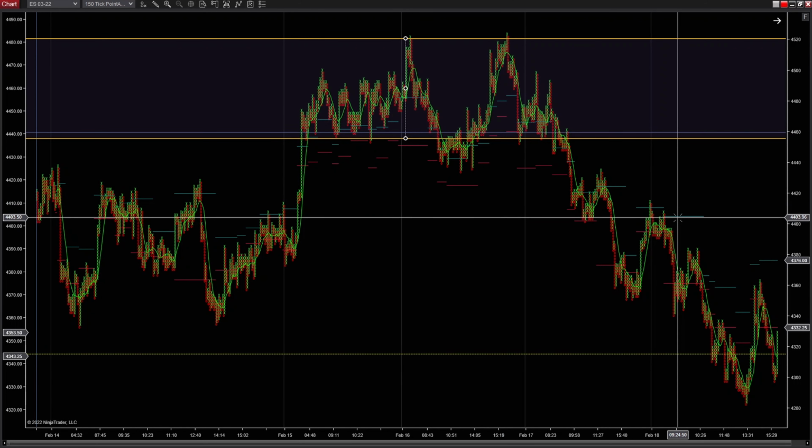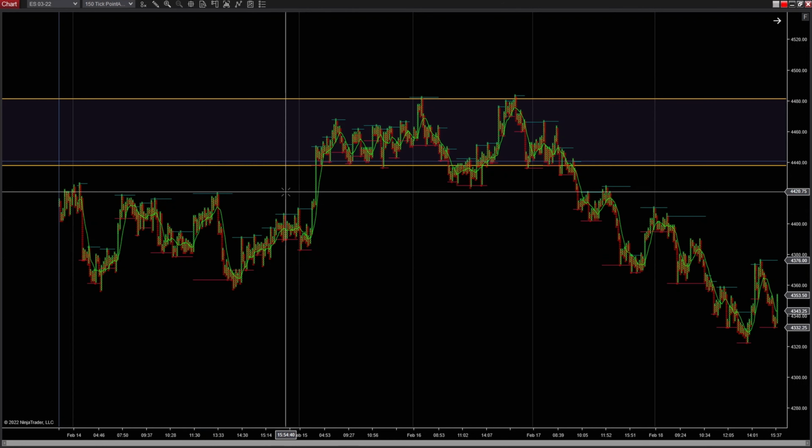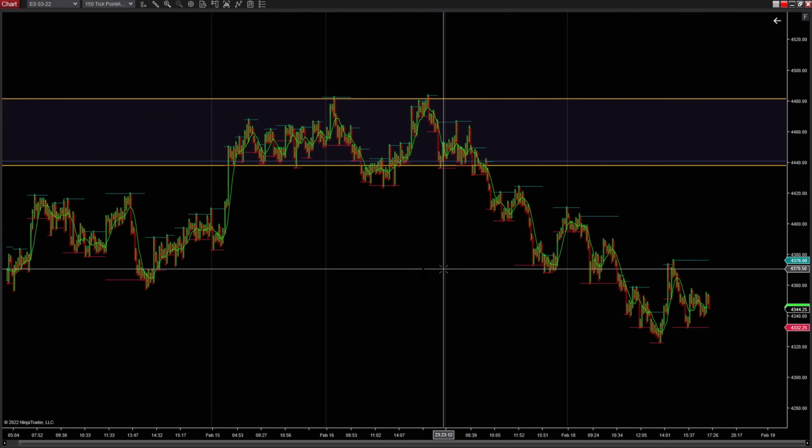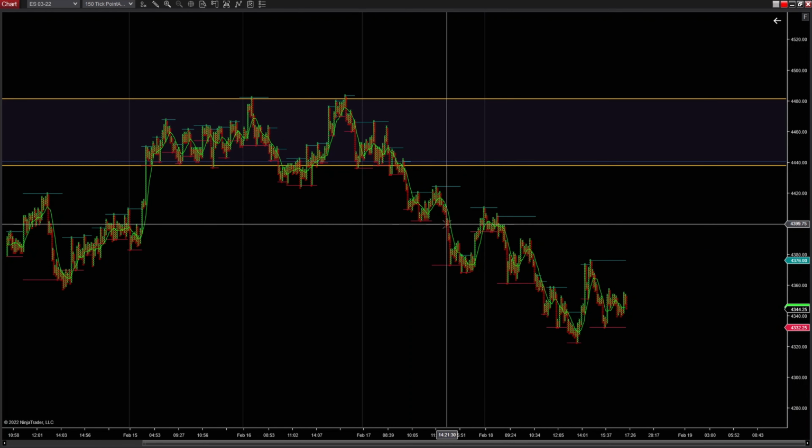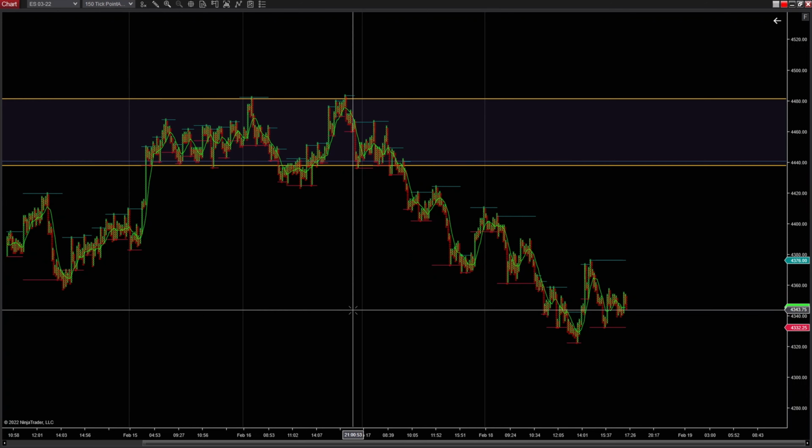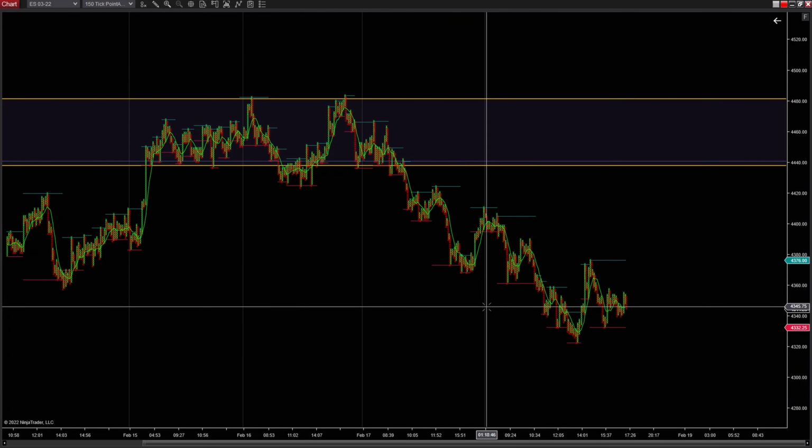Okay, so I had to pause because I needed to fix these prices to the right of the chart. Okay, so yeah, if you see here, a lot of compression, and then there is expansion on the 17th and the 18th.